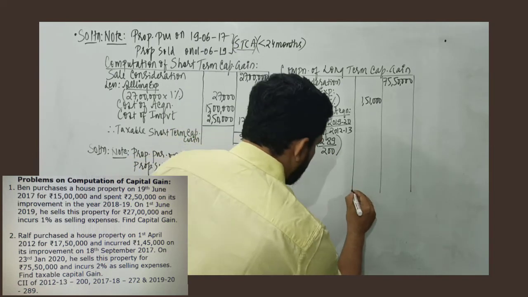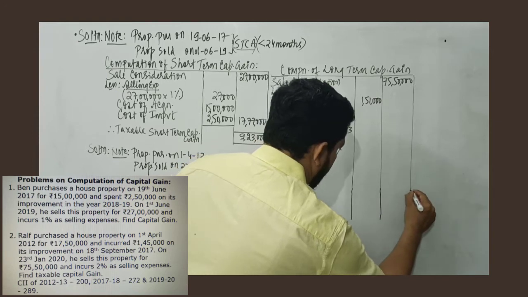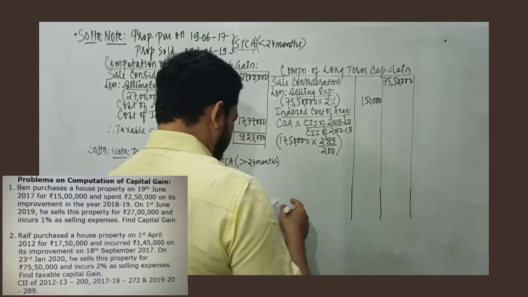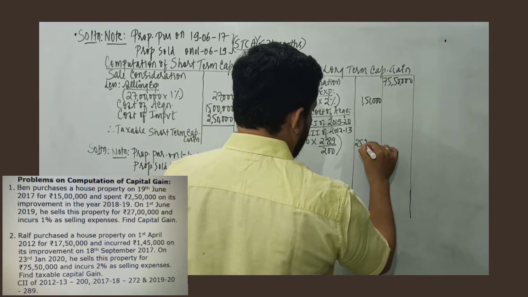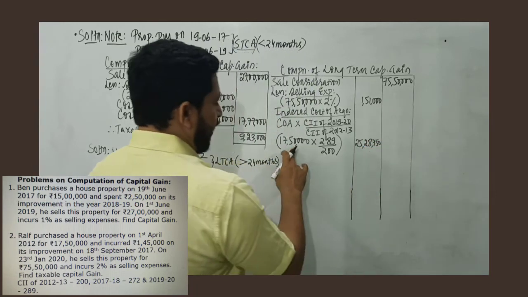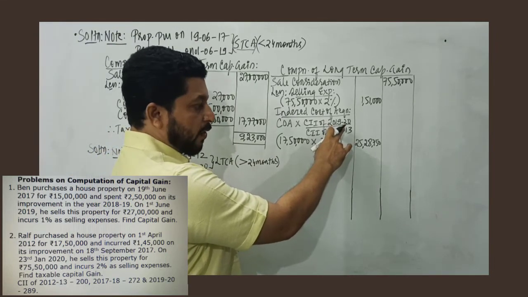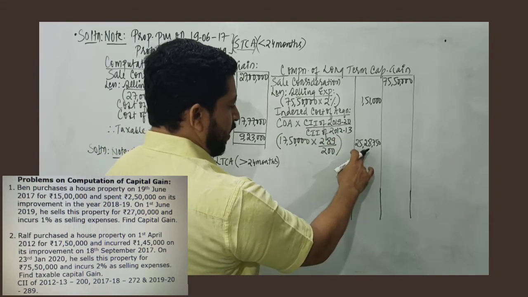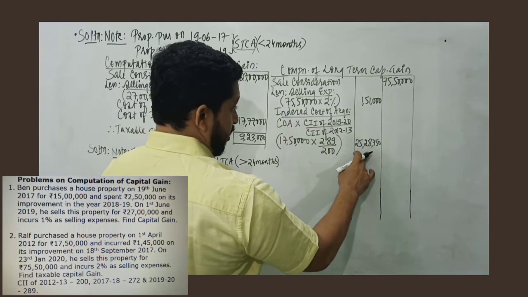When we calculate this number, 17,50,000 divided by 200 into 289, we arrive at 25,28,750. So this is indexation.